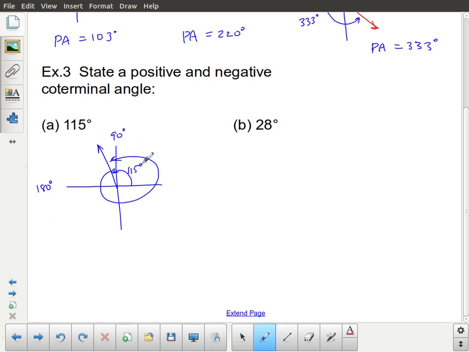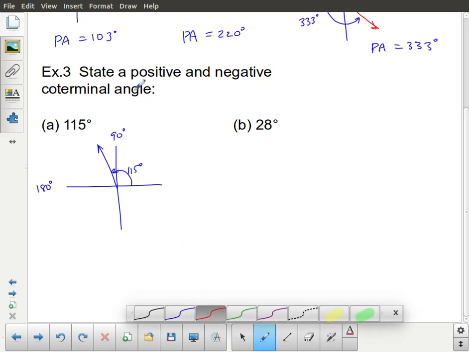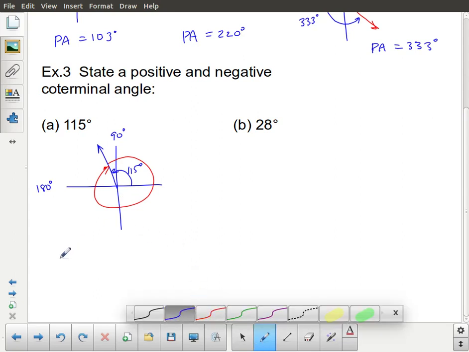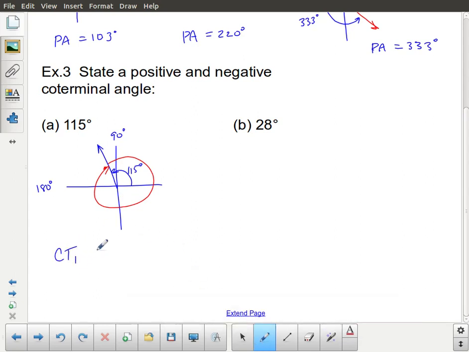Another way that I could do the same thing, and this is going to get messy, so let me take away that first one. Another way that I could find a coterminal angle, in particular a negative one, is go forward by 115 and then go backward by 360. So coterminal angle number 1 is going to be 115 plus 360 degrees, which in this case works out to be 475 degrees.